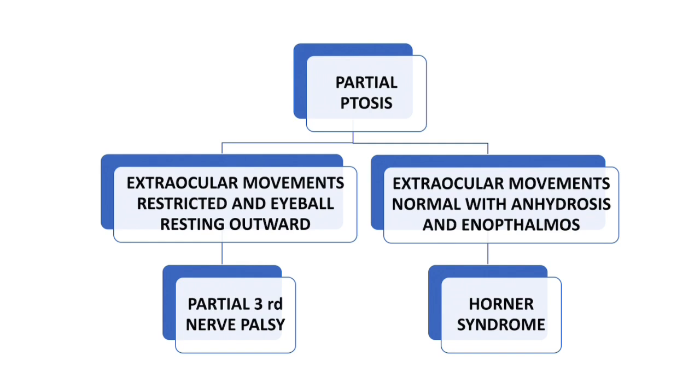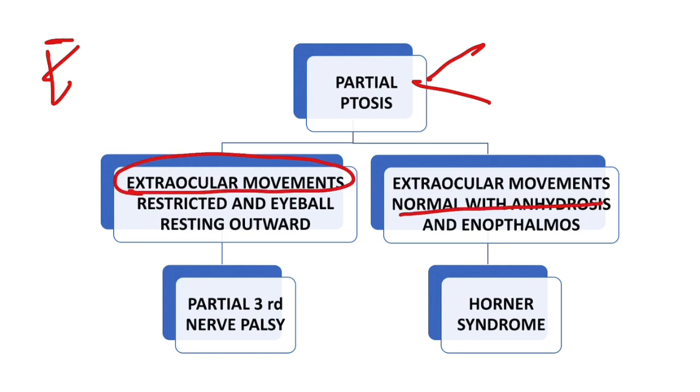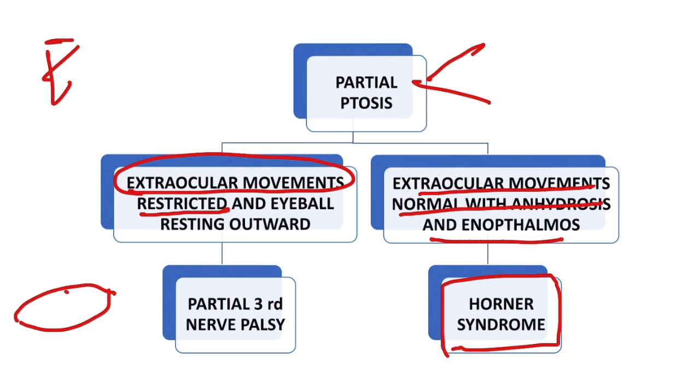The second point which helps us in differentiating partial ptosis is looking at the extraocular movements. So if a patient has normal extraocular movements with anhidrosis and enophthalmos, it is Horner syndrome. Whereas if there is restriction of the extraocular movements, as we noticed, the only eyeball movement which is possible is abduction.